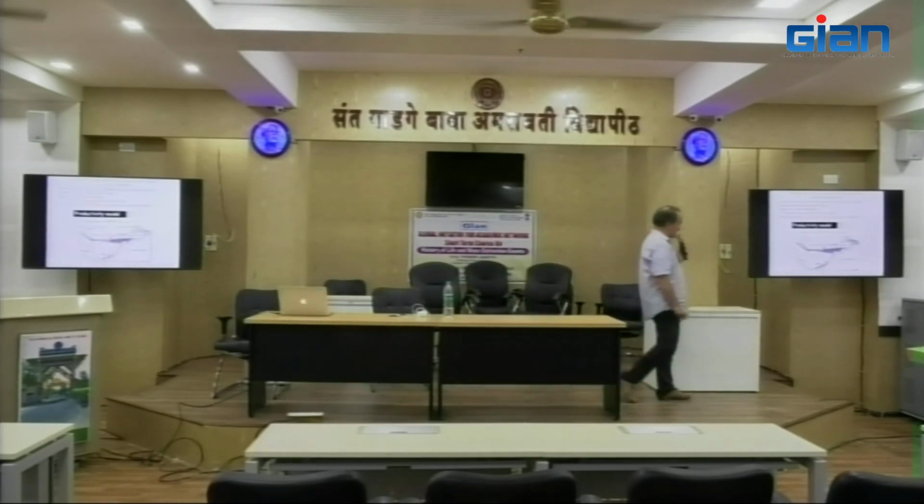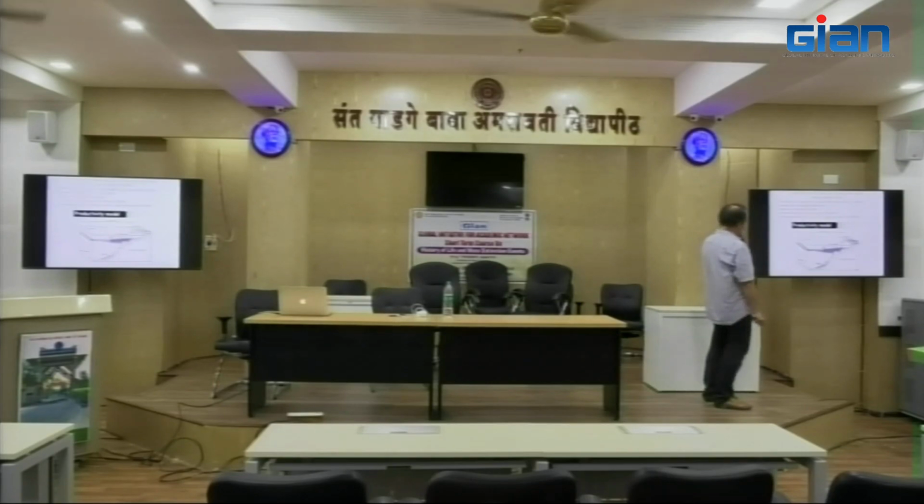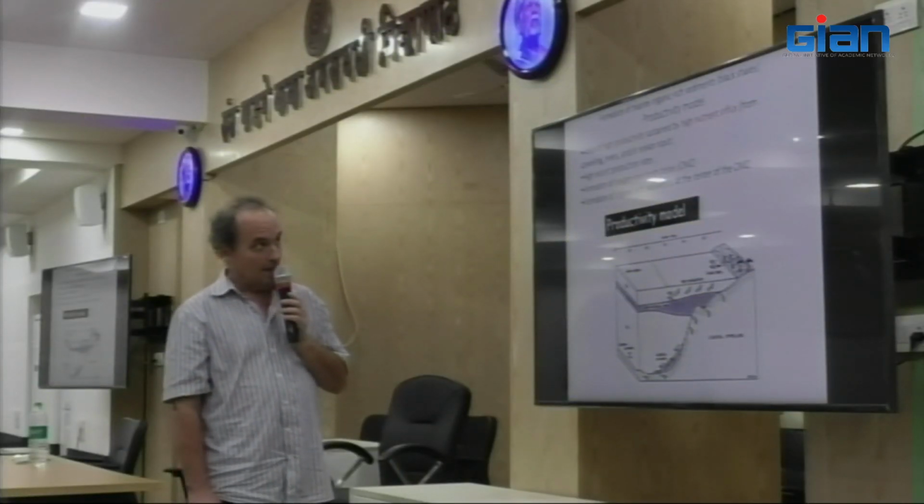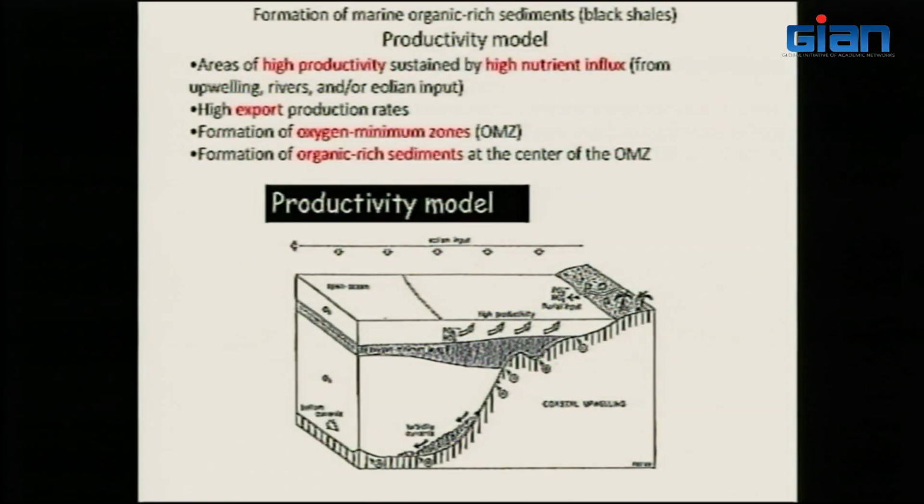Here, this is the first model, what we call more or less the productivity model. It's linked to the fact that you have areas of very high production, which are sustained by very high nutrient influx from upwelling, from deeper water, but also from river input, for example, with very high export production rates.